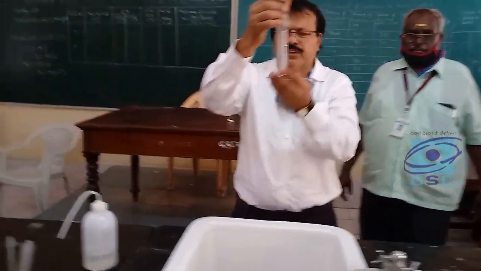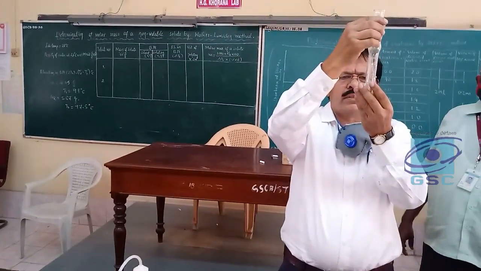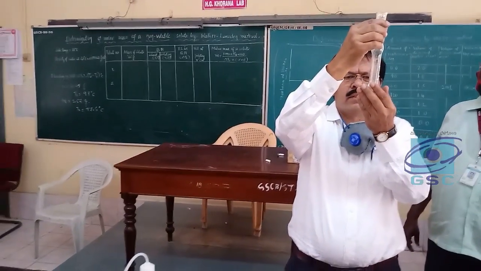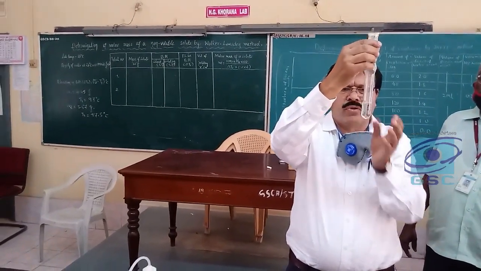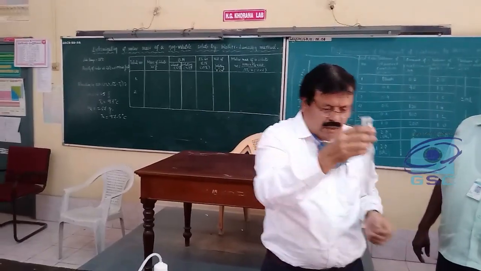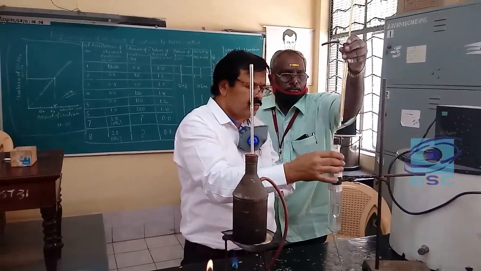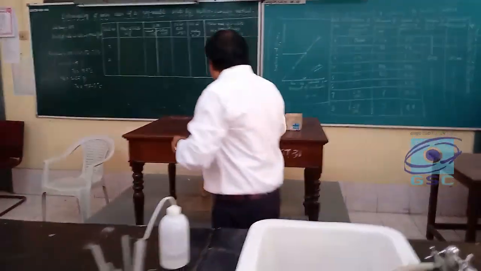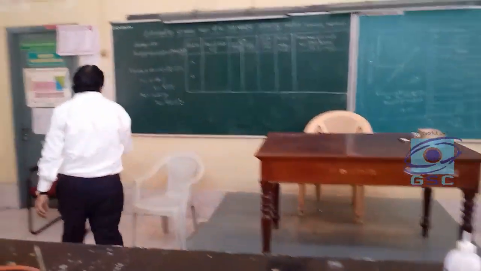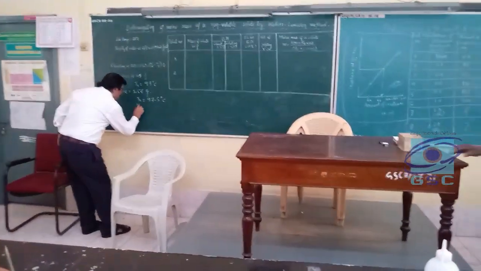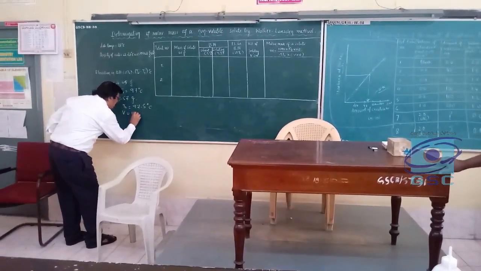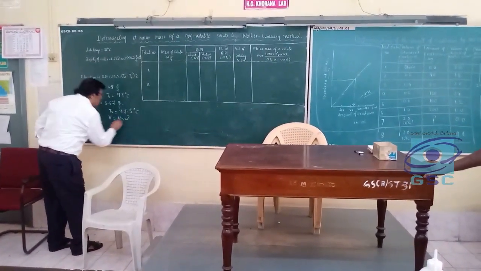The volume of solution is around 13.5 ml. Okay, you can see the reading is near 14. You can take it as 14 ml. So the value of volume is taken as 14 ml or 14 cm3.